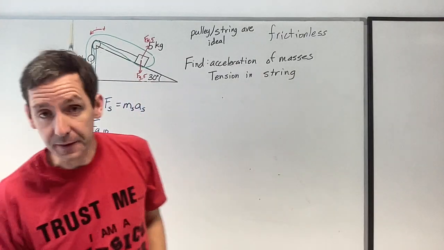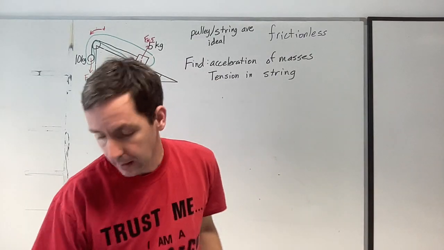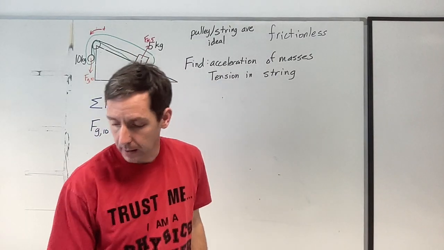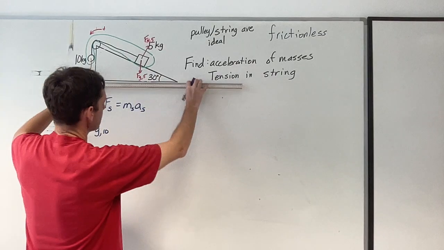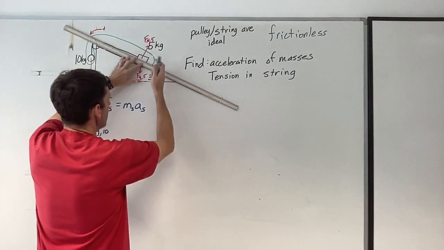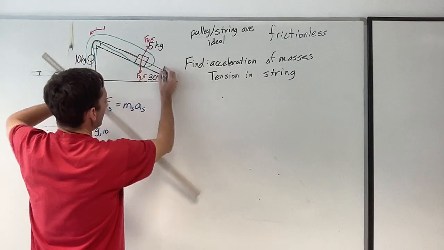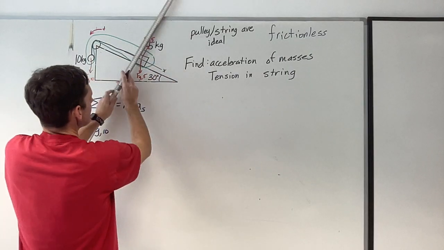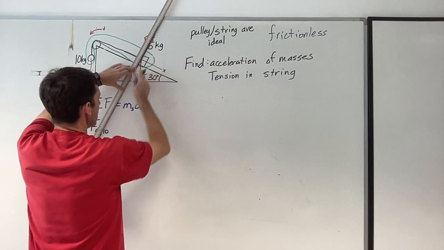Now, remember, one of the things that we did do is that when we had something on an angle like this, on a ramp, we said instead of a horizontal x-axis, we're going to tilt it like this. Now, the interesting thing is that you don't have to use the same axis for both blocks. Okay?